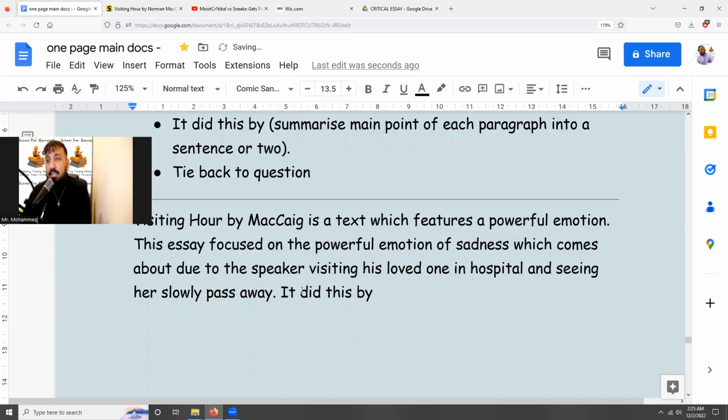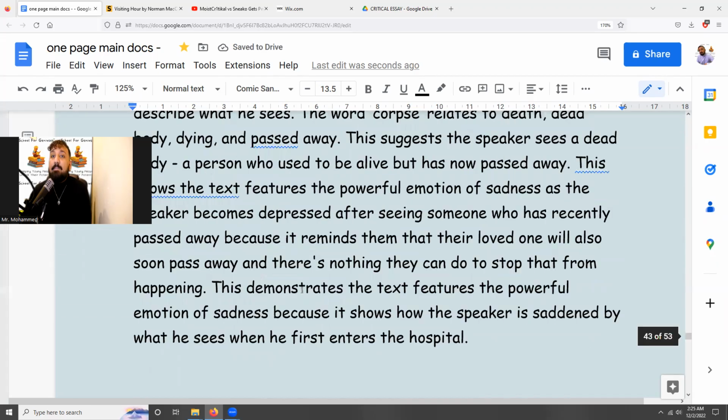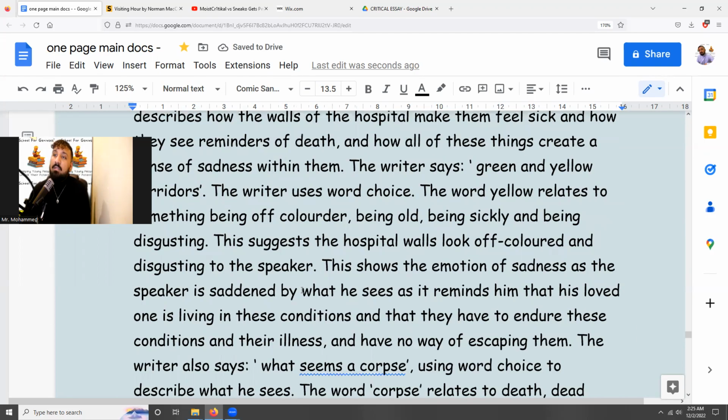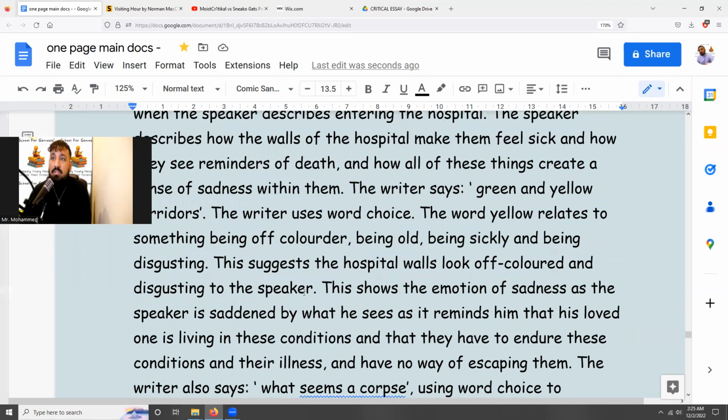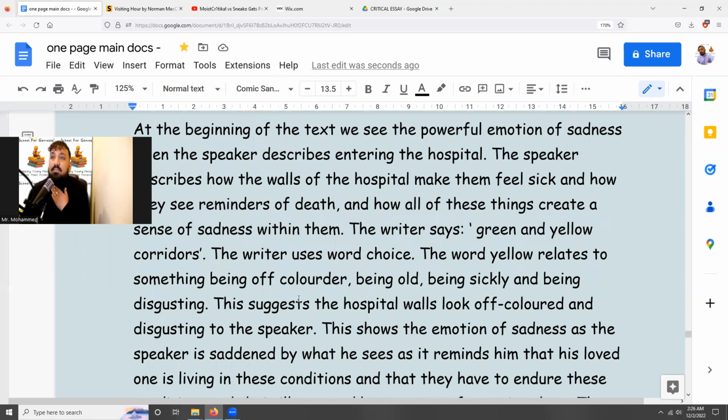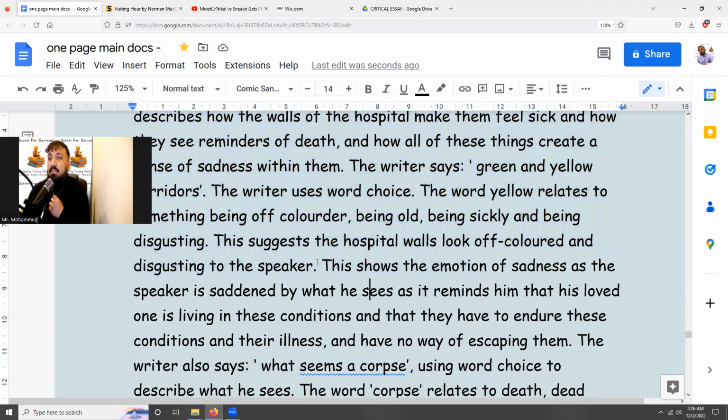Okay, and now we're going to go back to the paragraph that we wrote, and we're going to find at least 2 points from here, 2 of the main points that we made, and then we're going to put them into our conclusion. So we look at this, and we look at what is the first main point that we made. And again, most of the time it's going to be from around here.